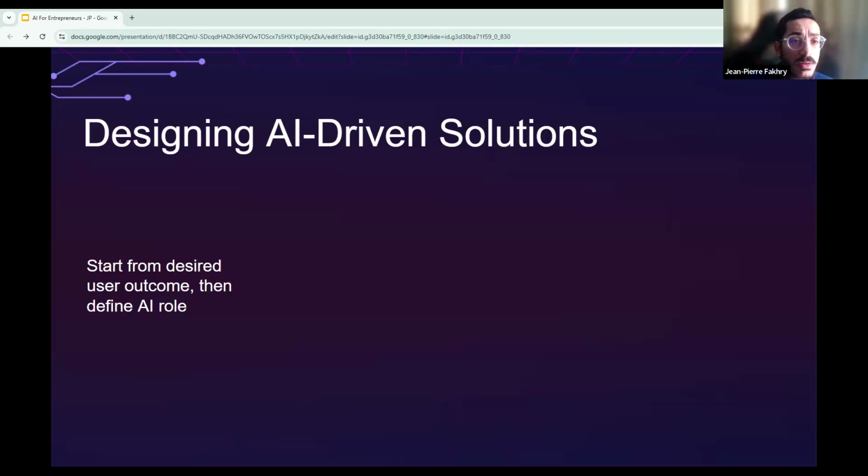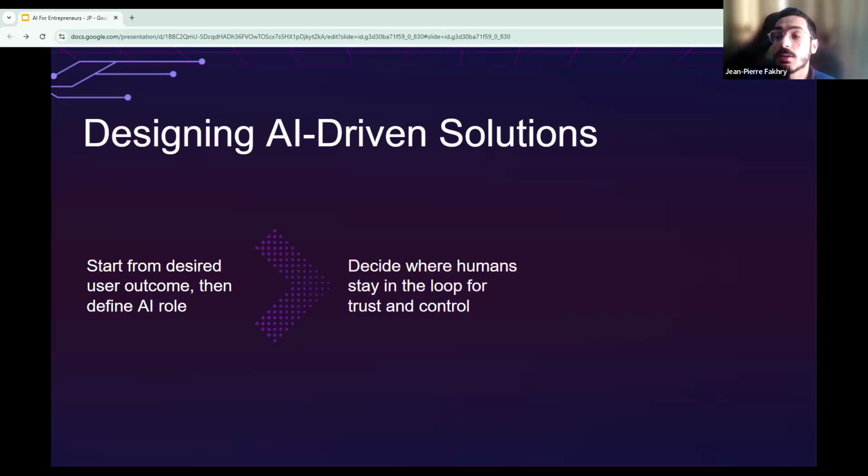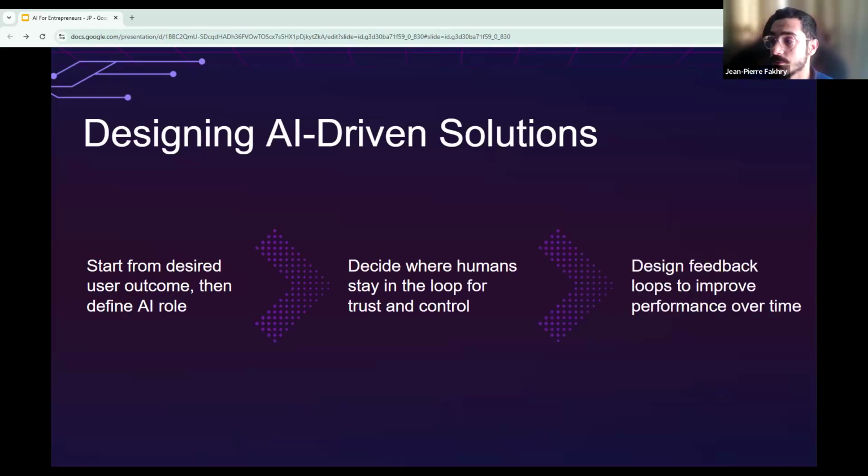Sometimes it's non-existent. Sometimes it's just pre-filling a field. It can be summarizing a document, flagging some sort of anomaly. But sometimes it is very central, which is basically generating the whole output or being a complete AI company. So here, start from the desired end state and work backwards. And this is a very, very important point.